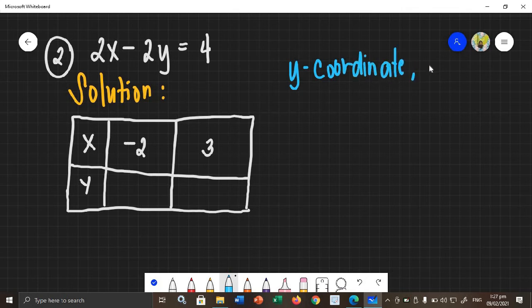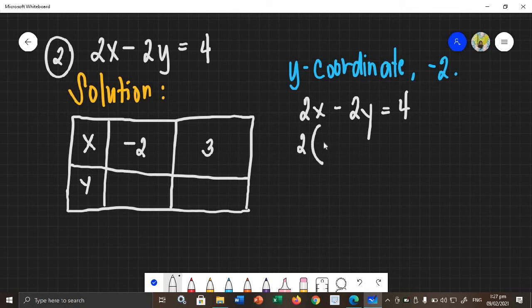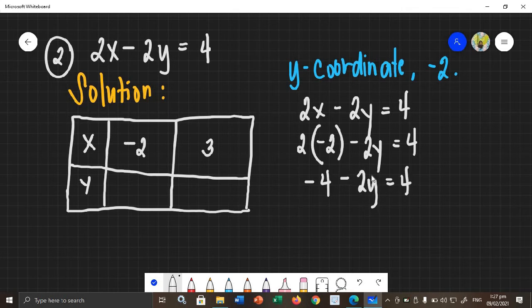And then, yung solution ng y-coordinate mo, yung first, so gamitin natin yung first na x-coordinate natin. And then, using the given linear equation, which is 2x minus 2y equals 4. So, substitute natin si negative 2 kay x. Okay? Para ma-solve natin si y-coordinate. So, 2 times quantity negative 2 minus 2y equals 4. So, 2 times negative 2, that is equal to negative 4 minus 2y equals 4.